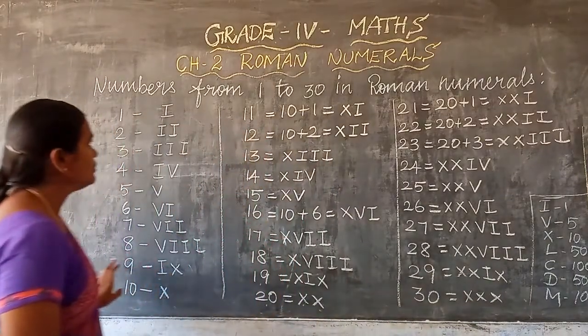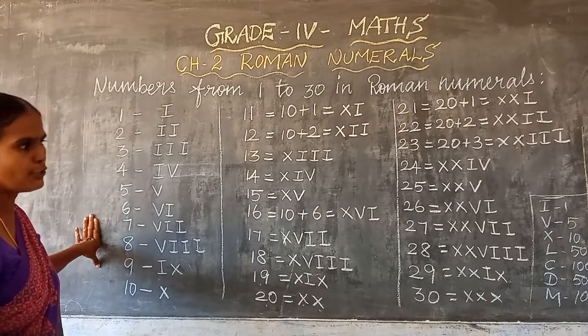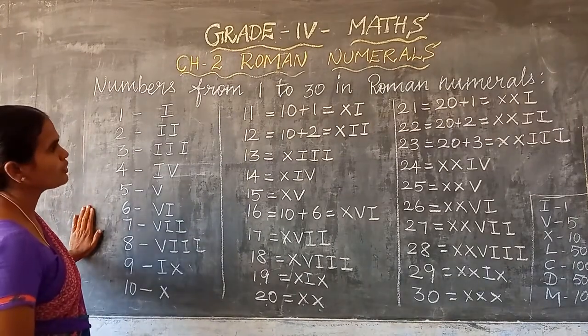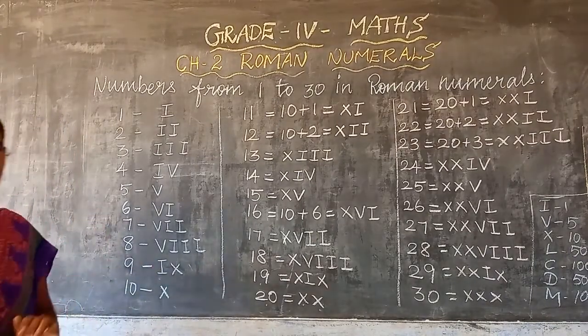Okay. So this one is numbers from 1 to 30 in Roman numerals. Okay. Next exercise.